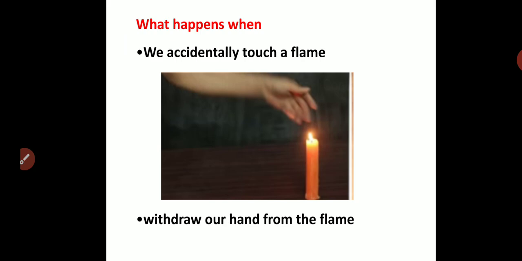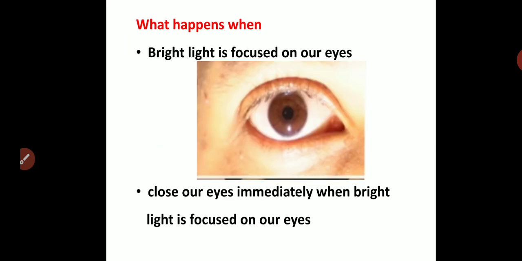Okay, then moving further, what you can see in the picture, a person is accidentally touching a flame. So what happens when you accidentally touch a flame? You immediately withdraw your hand from it, right? Similarly, when you enter a bright room or a torchlight is focused on your eyes, the immediate reaction would be that you blink your eyes or close your eyes to avoid bright light entering the eye.